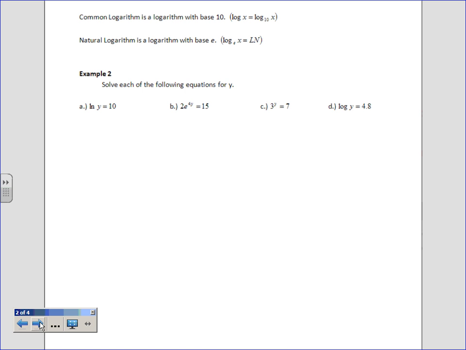So, well, that's weird. Anyway, common logarithm is a logarithm with base 10. And basically, if you see a log that's written just like this with no base at all, you can assume a 10 goes in there. That's the base. And it's really hard to see, but that base right there is e.